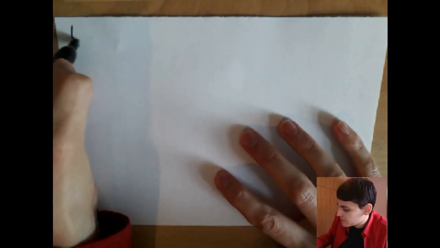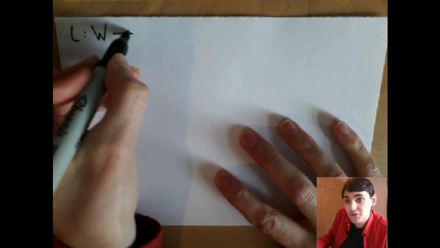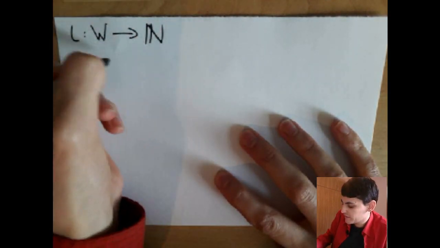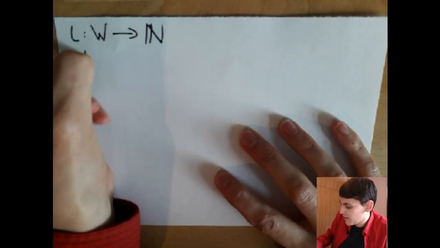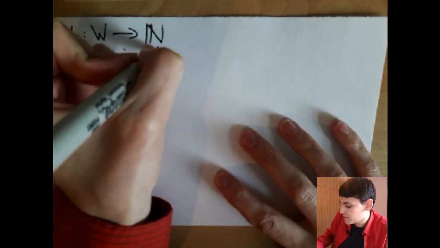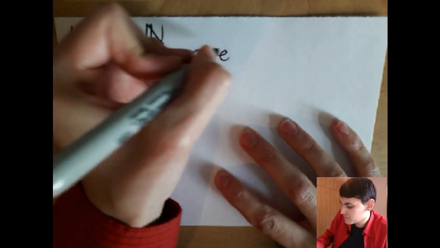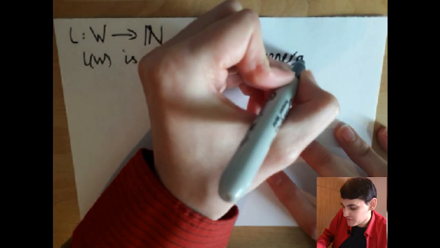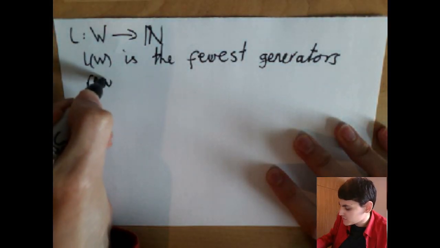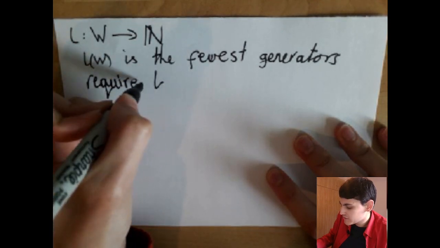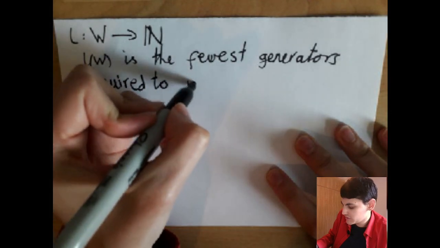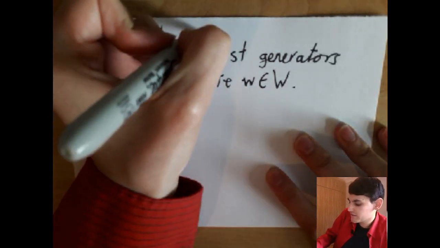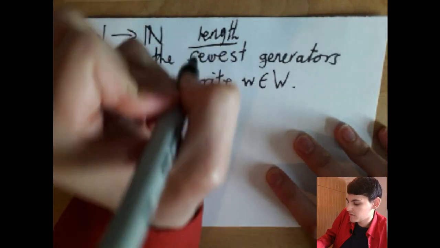We say that L takes an element from W to the natural numbers, and L of W is the fewest generators required to write W, which is in W. That is the length.